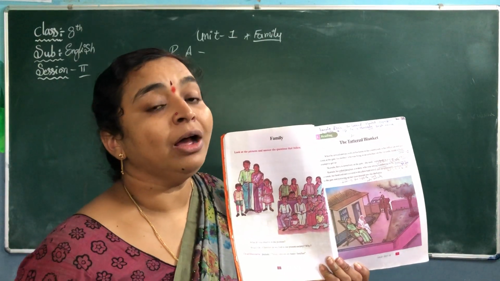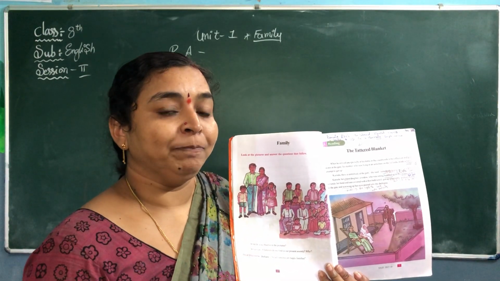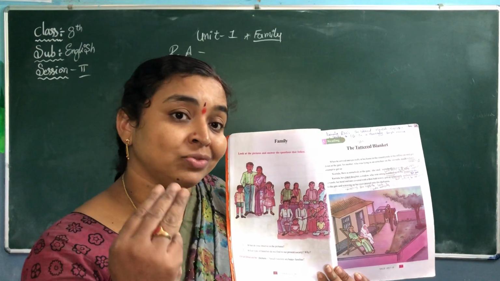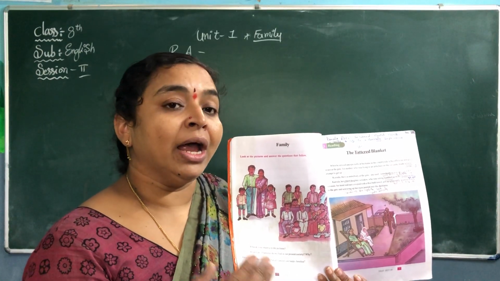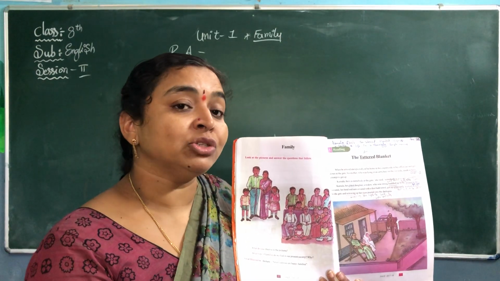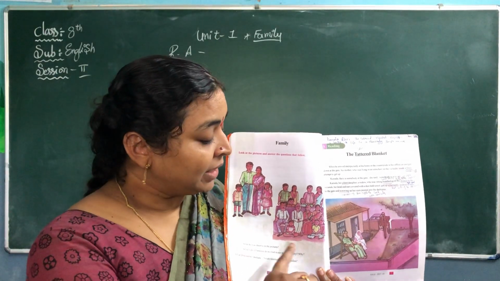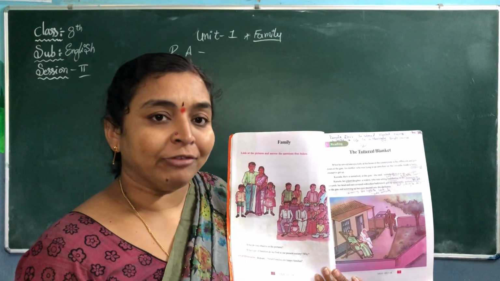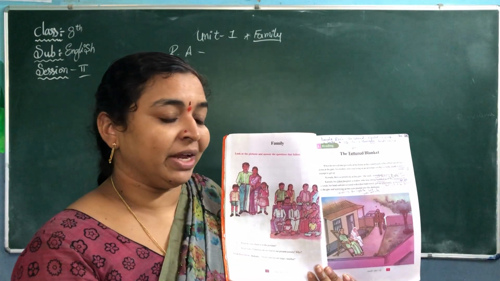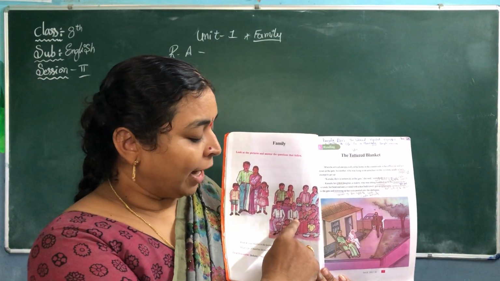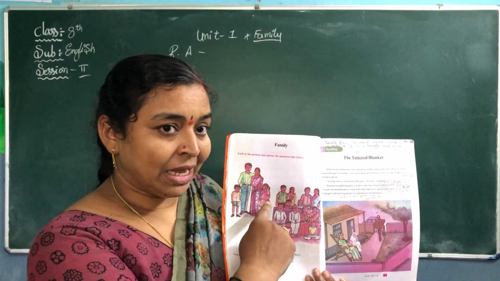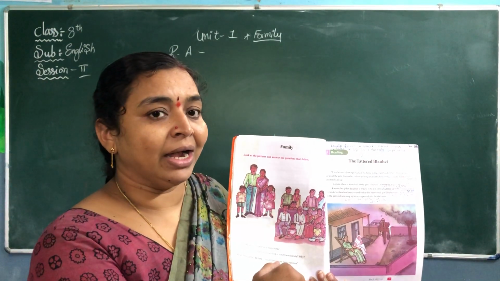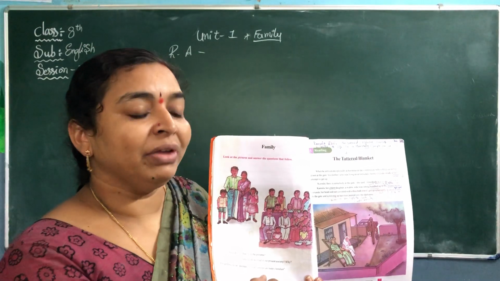So it might be a joint family. Grandfather has 3 sons and the 3 sons have their own families. It is called a joint family. 3 generations we can see. Is it right? Grandfather, his sons and his grandchildren also we can see.